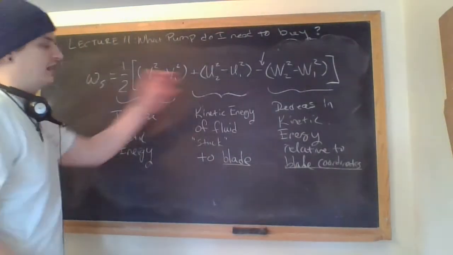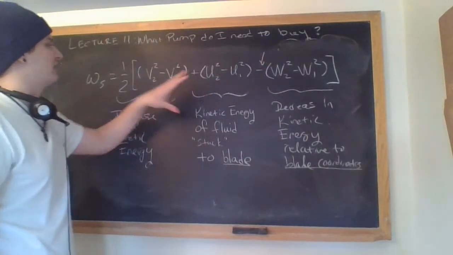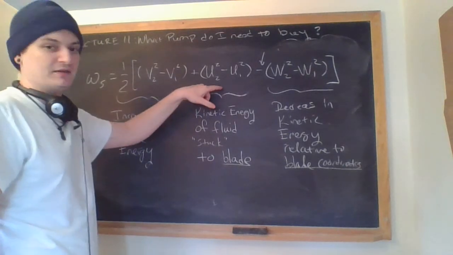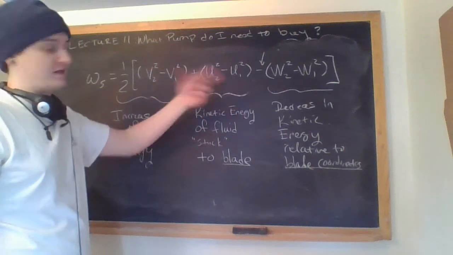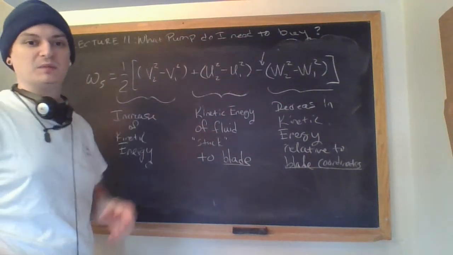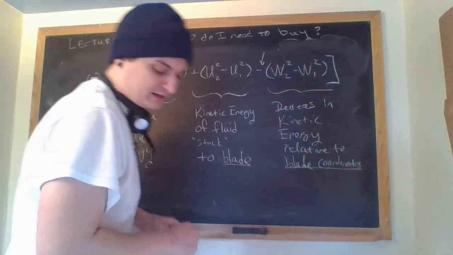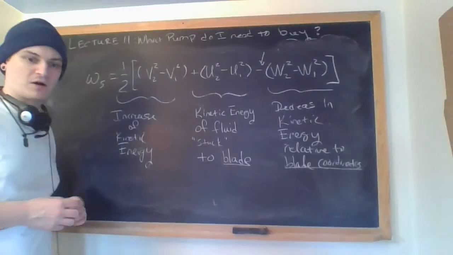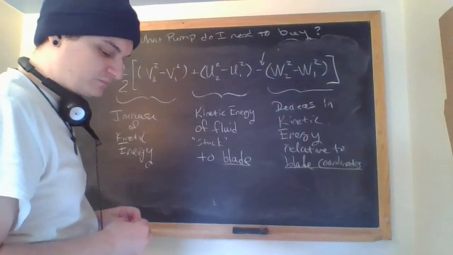So this is a balance now of the absolute fluid velocity, the fluid actually flipping around with it, and then also taking away the component of just this being relative to the blade. And a balance of all these things makes up the actual specific shaft power of your pump. All right.